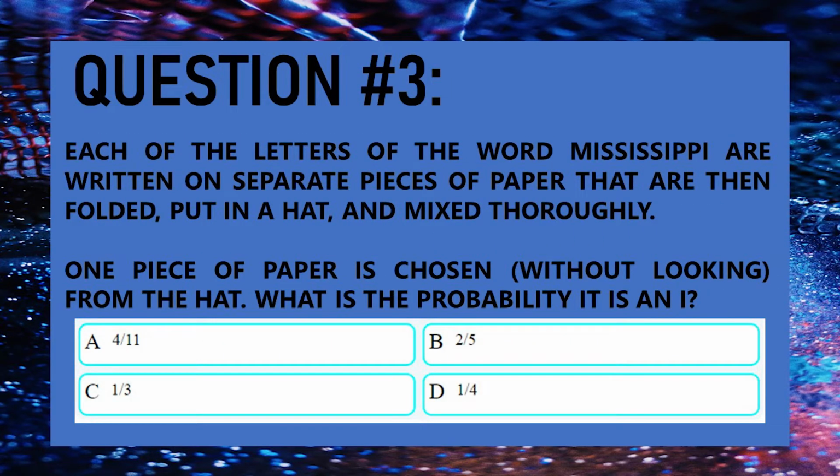Question number 3. Each of the letters of the word Mississippi are written on separate pieces of paper that are then folded, put in a hat, and mixed thoroughly. One piece of paper is chosen without looking from the hat. What is the probability it is an I? Letter A, 4/11. Letter B, 2/5. Letter C, 1/3.